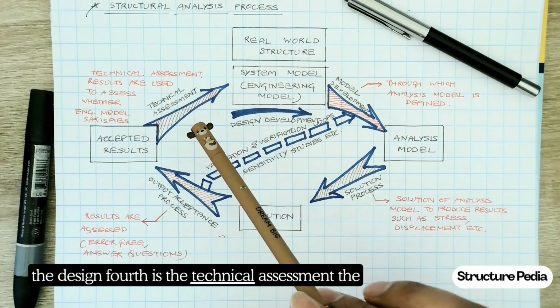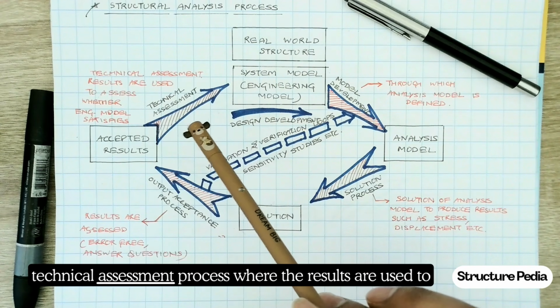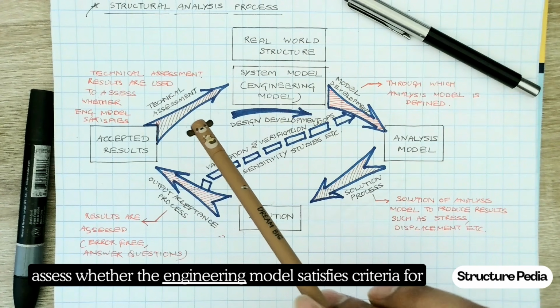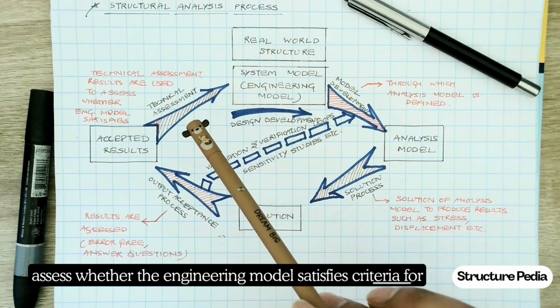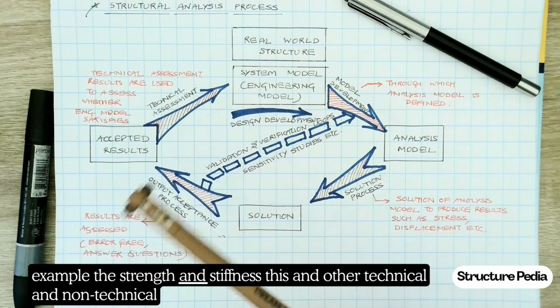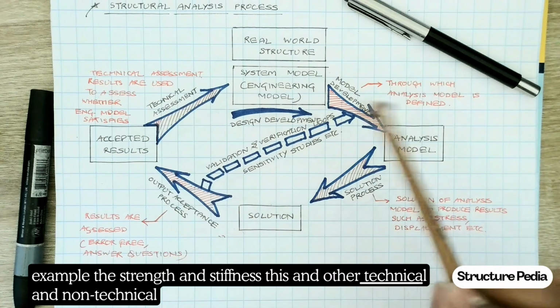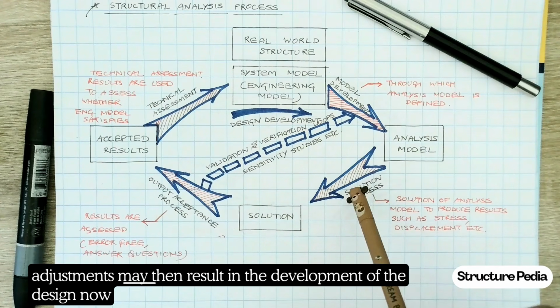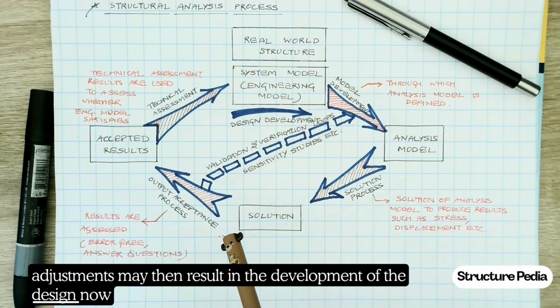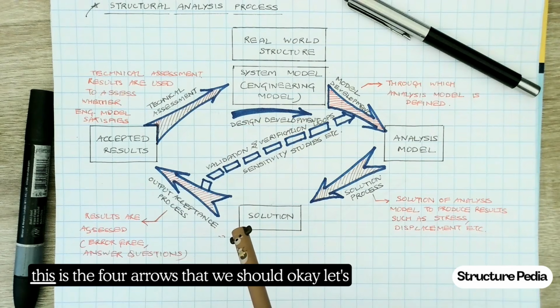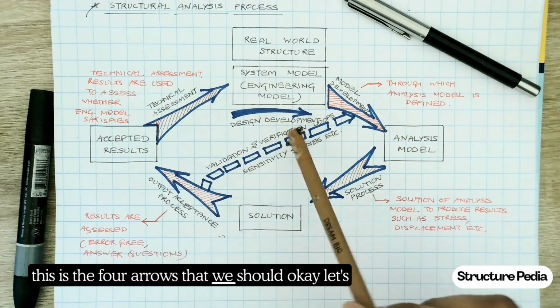The fourth is the technical assessment process, where the results are used to assess whether the engineering model satisfies criteria, for example the strength and stiffness. This and other technical and non-technical judgments may then result in the development of the design. Now, these are the four arrows that we understood.